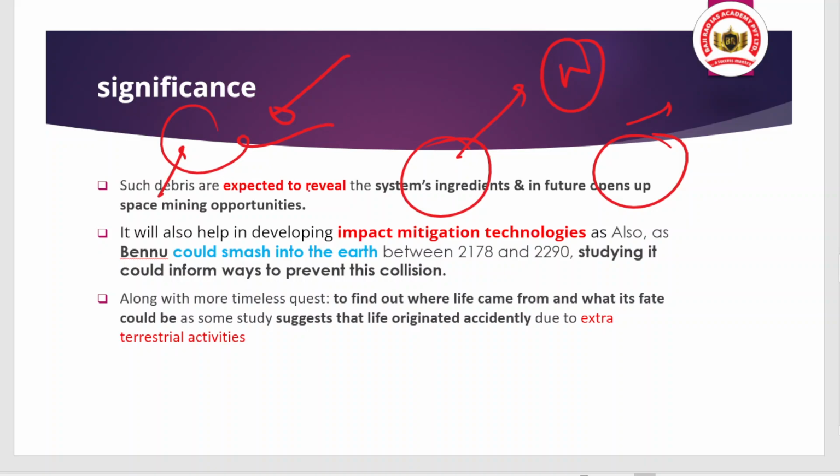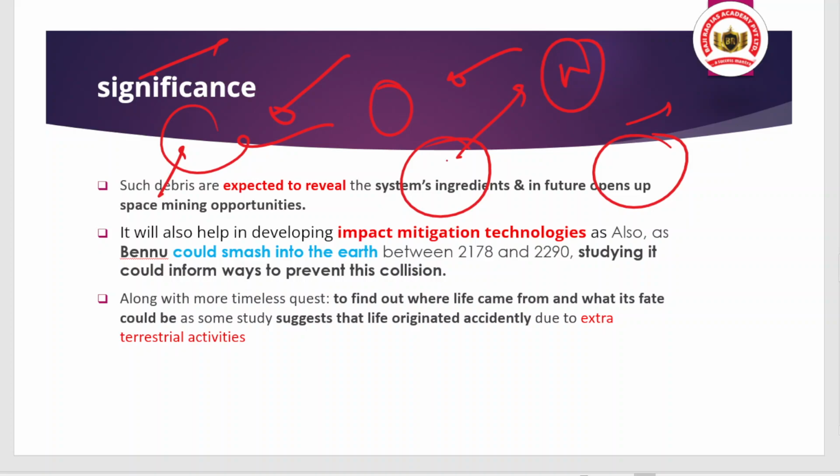Also, it will help in developing impact mitigation technology. What do we mean by impact mitigation technology? Our Earth is in space and asteroids try to hit the Earth, but because of the protection of the atmosphere, most asteroids and meteoroids get burned before entering our atmosphere. But remember, when a big asteroid or big particle tries to hit the Earth, we should have a clear protection technology.